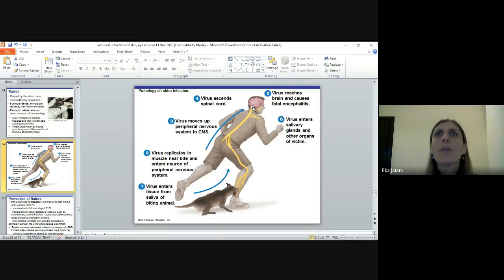Firstly, we have fever, sore throat, some undifferentiated febrile symptoms. Then people develop CNS symptoms, some bizarre behavior, photophobia. There's also hydrophobia because people, also animals, are scared of water. They cannot drink water because they have painful muscle spasms. And then seizures develop, seizure and coma and death.